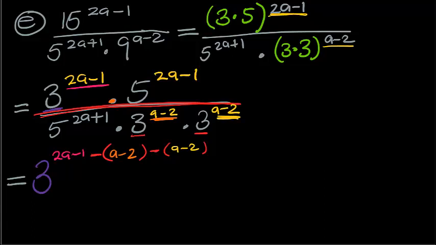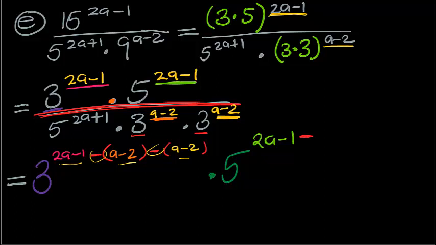Okay, so that's all 3 of my 3's, 1 numerator and 2 denominators which have got minus signs. Then I am going to do my 5, so let's say times 5, and my powers for 5 are going to be, as a numerator, 2a minus 1, and then I subtract because I'm going to the denominator, so minus, and my denominator is going to be that one, 2a plus 1 in brackets.